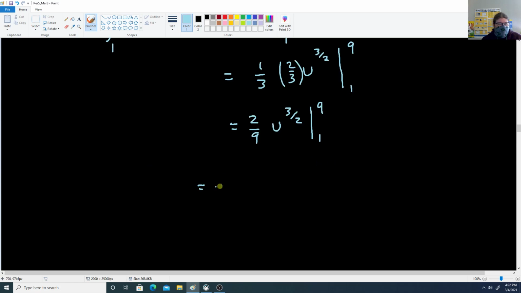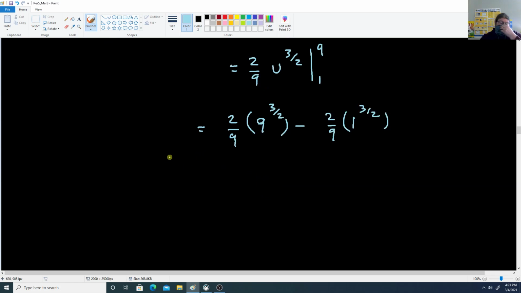To finish this off, this is 2/9 times 9 to the 3/2 power, minus 2/9 times 1 to the 3/2 power. I should put parentheses in there to keep things clean. 1 to the 3/2 power is 1, so this whole term is just 2/9.